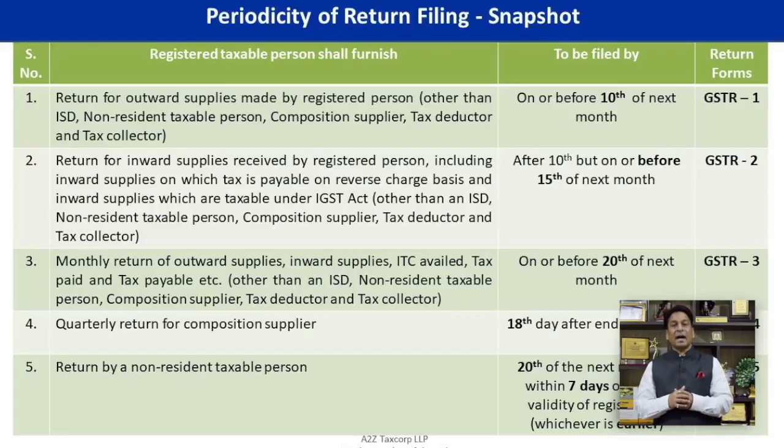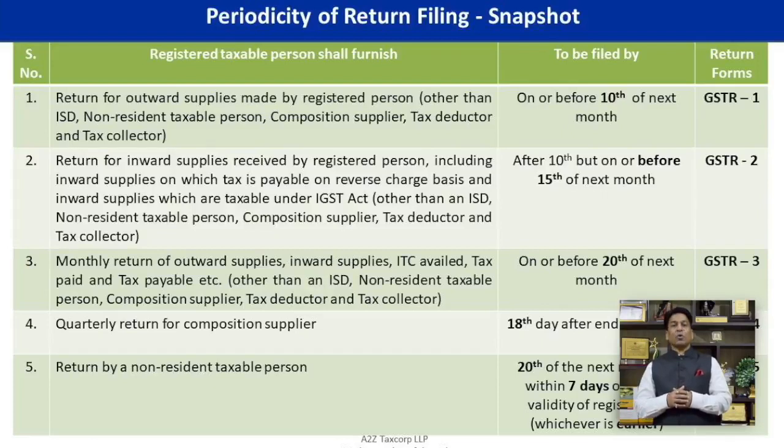Outward supply return for supply of goods or services to be filed by 10th of next month. When I say 10th of next month, for the month of July, it is due by 10th of August.